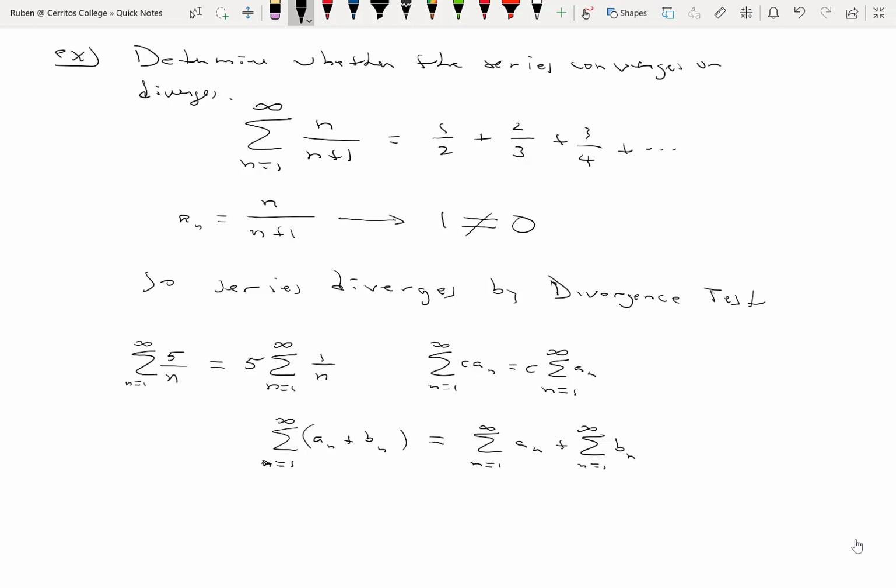We can do this only if the sum of the a sub n as a series and the sum of the b sub n separately and on their own converge. So we can't distribute sigma inside of addition or subtraction unless we determine that the sum of the a sub n's and the sum of the b sub n's converge on their own. Be very, very careful with that.